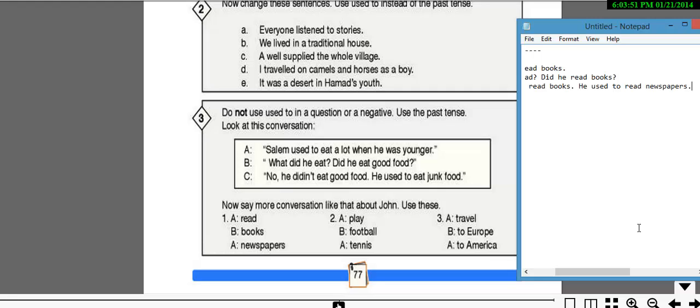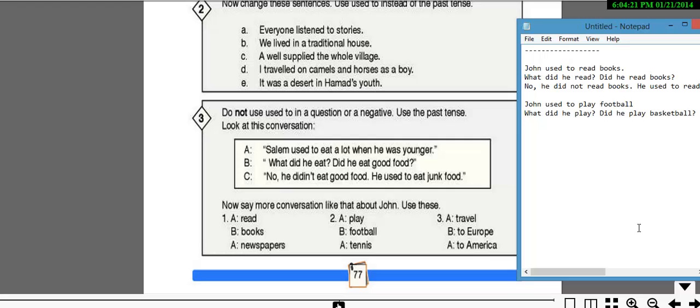Okay, that's good. Now, as for the next one, John used to play football. And then you say, what did he play? Did he play basketball?